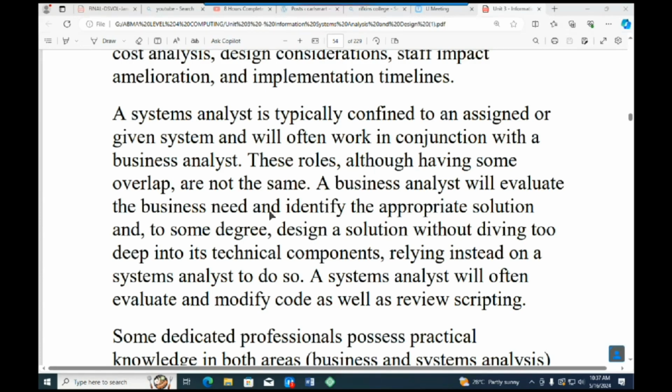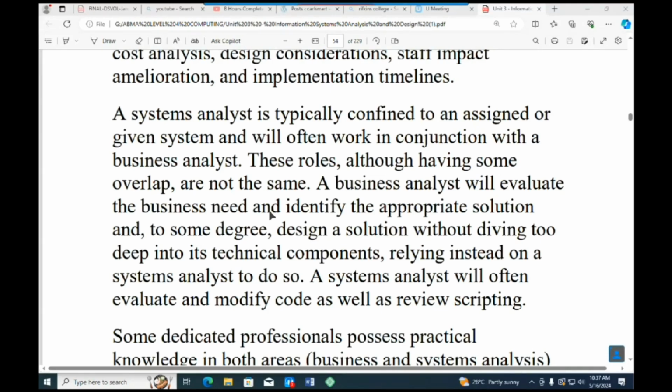A business analyst is a person who understands the business domain in which the business problem lies, the problem that you are trying to solve. Then you need to work with somebody who has the expertise in that business.